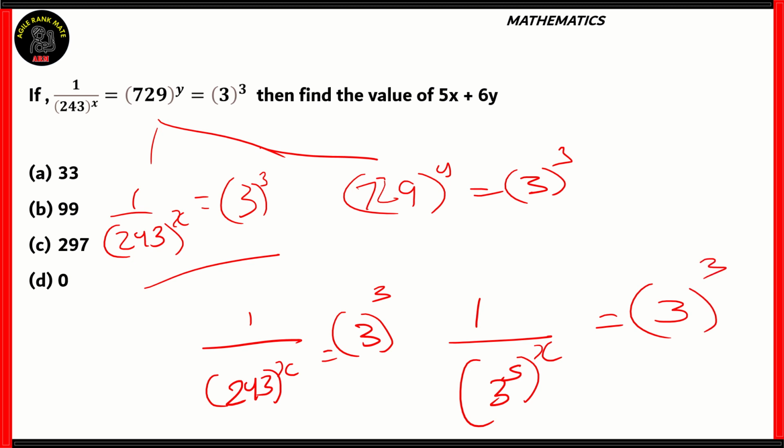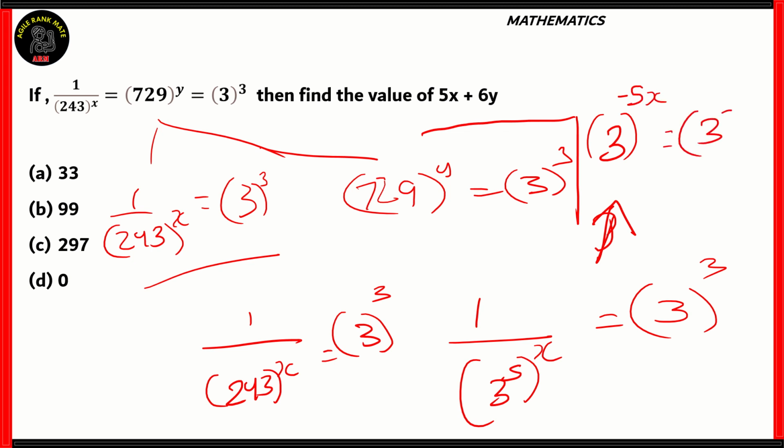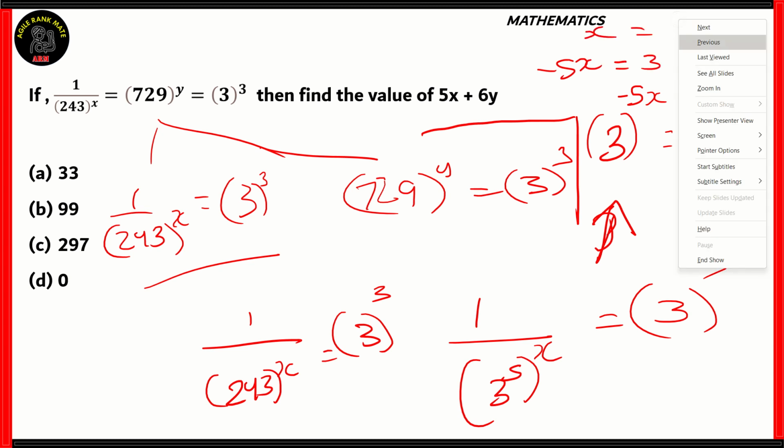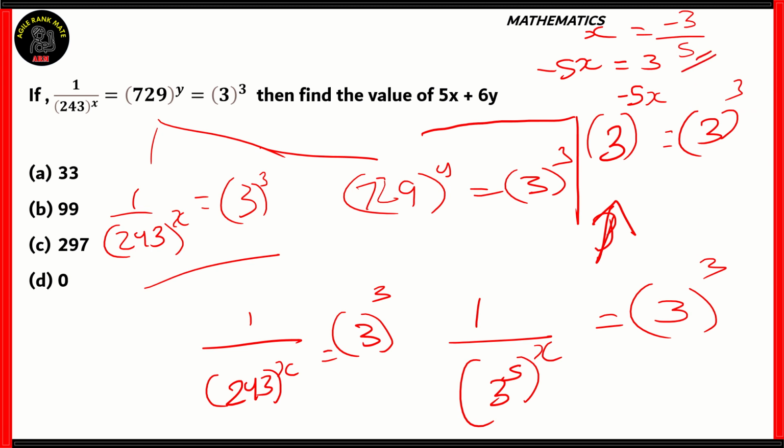Now 1 by anything is basically the negative of that power, so we get 3 raised to minus 5x is equal to 3 raised to 3. Then equating powers, minus 5x is equal to 3, x is equal to 3 by minus 5, which is minus 3 divided by 5. So x is minus 3 divided by 5.